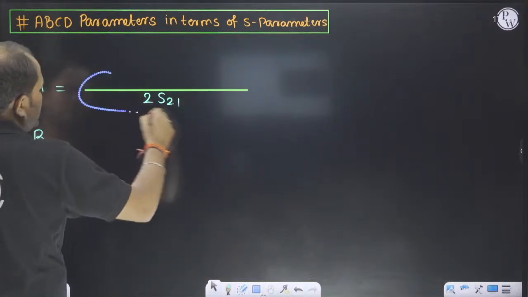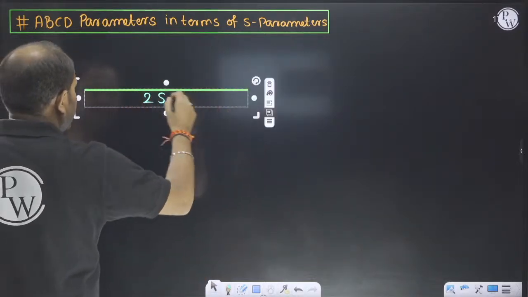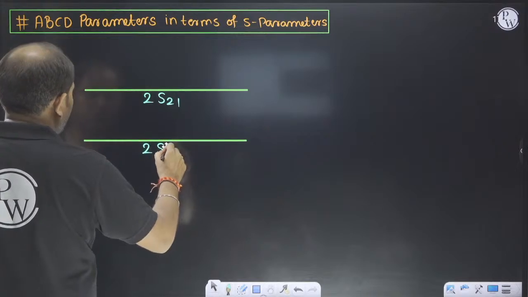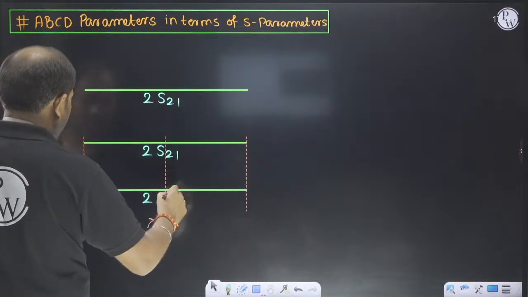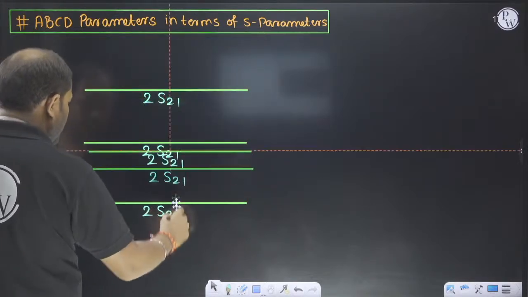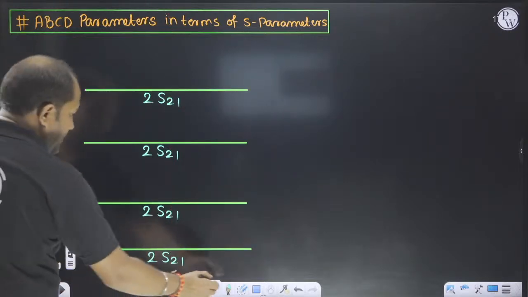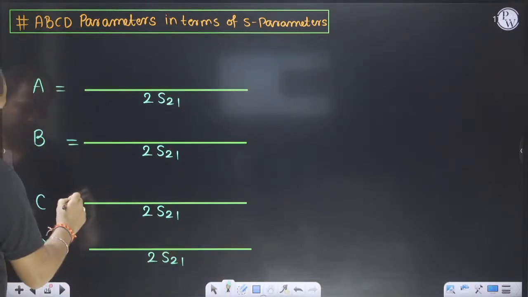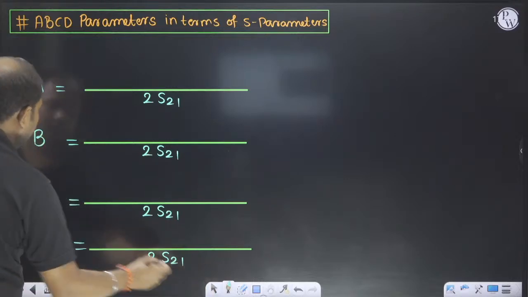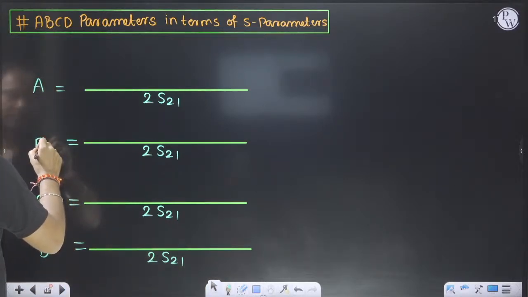It is very easy to remember. Here also 2 times S21, which means the denominator is going to be the same.